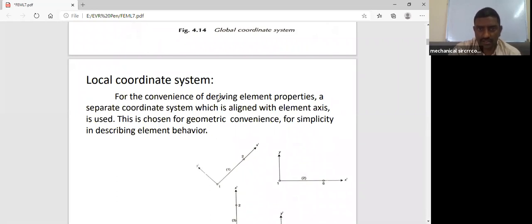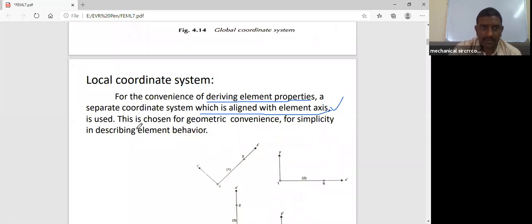We can derive the element properties. In local coordinates, element properties are defined in the local coordinate system. This local coordinate system is aligned with the element axis.